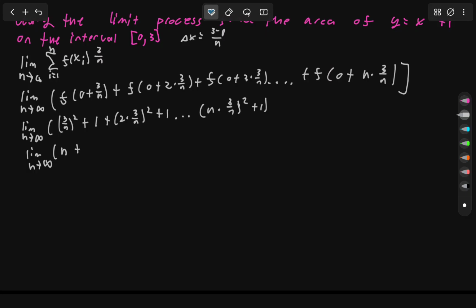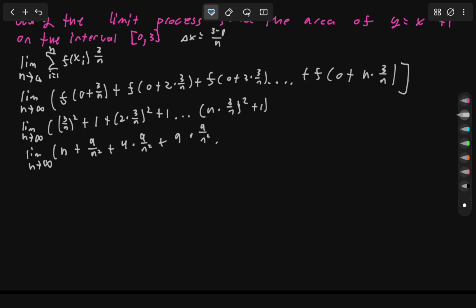But then we're adding. Let's expand out these squares. We get 9 over n squared plus 4 times 9 over n squared plus, let's see, then we would be 9 plus 9 over n squared. Not plus, sorry, times.